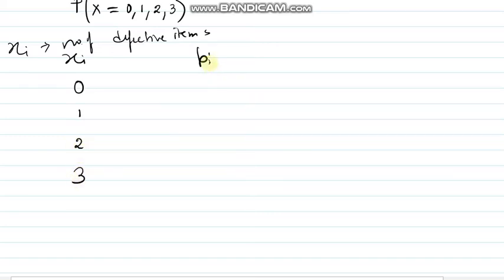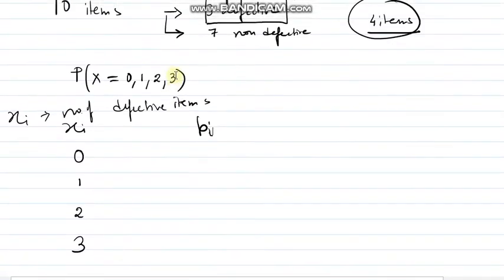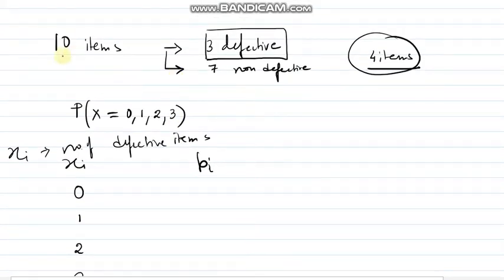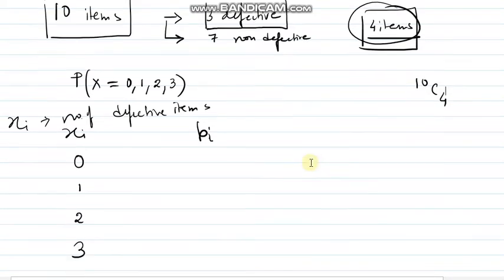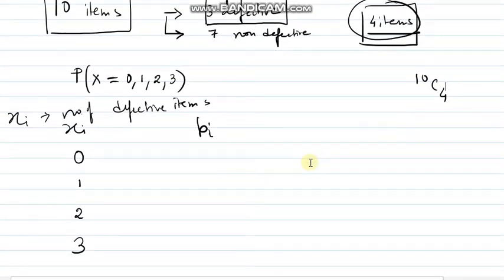First case, probability of 0 defective items. First, how many ways can I select these 4 items from these 10 items? That is 10C4, right? 0 defective items means all my items should come from the non-defective items. So the probability will be 7C4, as all these 4 items should come from the 7 non-defective items, divided by 10C4.